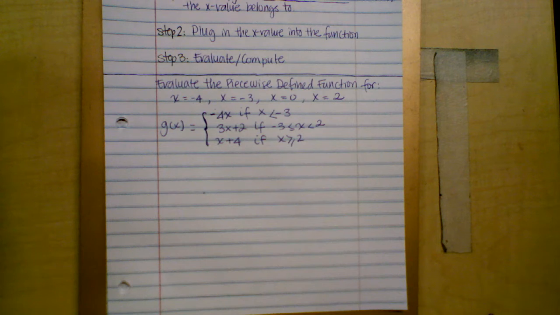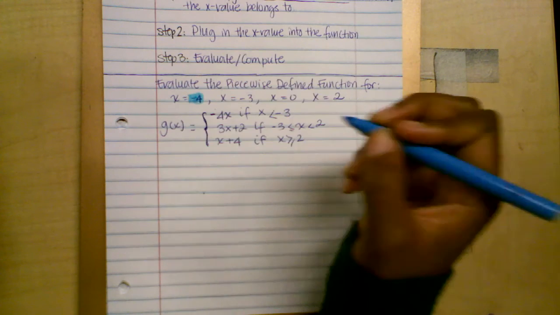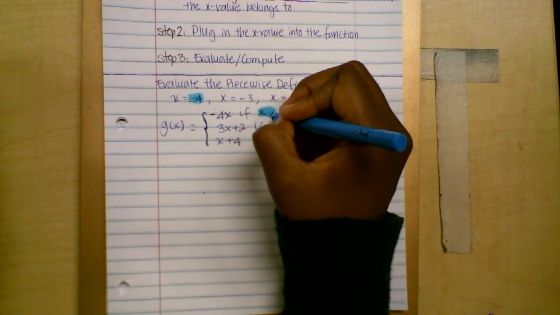So I showed you two ways to identify the correct domain restriction, which is the first one, because -4 is less than -3. Let me use a color marker. I know that -4 belongs to this domain.